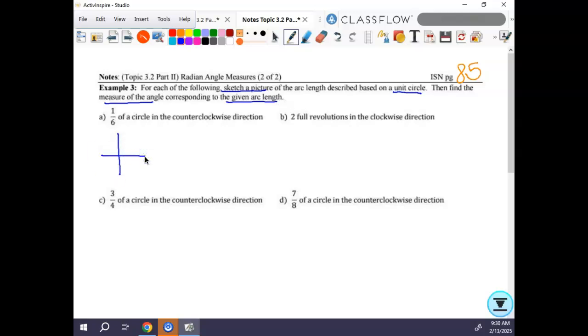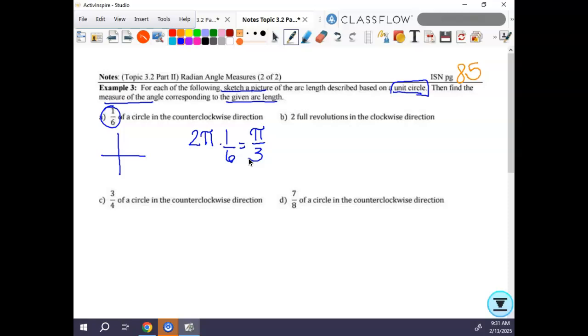I want 1/6 of a circle, and this says based on the unit circle, right? So the circumference of a unit circle is 2 pi. But I only want 1/6 of it, so I multiply 2 pi times 1/6, and that gives me pi thirds.